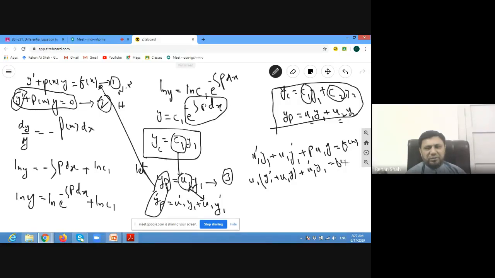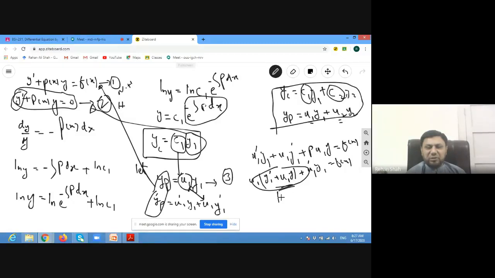So if you see it, the coefficient of u1 is y1 dash plus p y1. So what is this equation? Equation 2 is y dash plus p into y equal to 0. Now this y1 is actually the solution of equation 2. So if you put y1 instead of y, this will become 0. So this coefficient is 0.